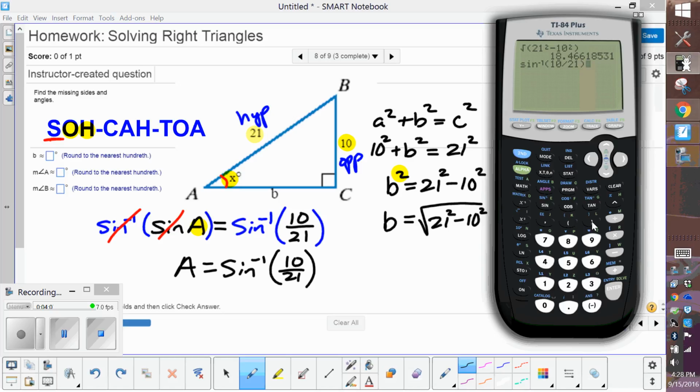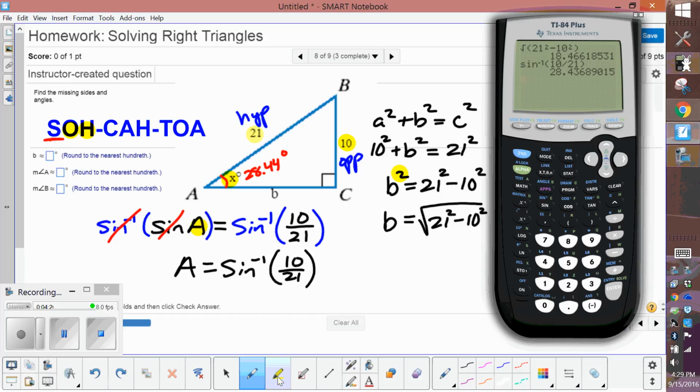Close your parentheses. And there's your answer. And again, make sure you're in degree mode or all your answers will be incorrect. Okay, so this angle measure is roughly 28.44 degrees.